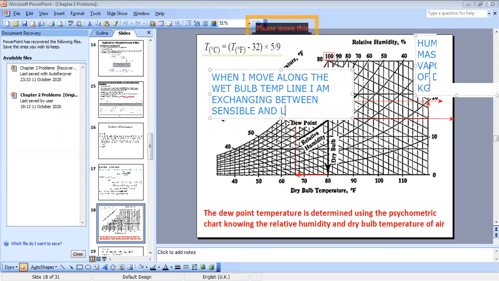So if you want, I'm not losing any heat, but just changing its form from sensible to latent, or from latent to sensible.